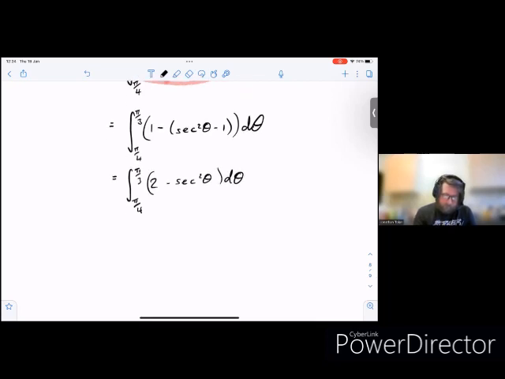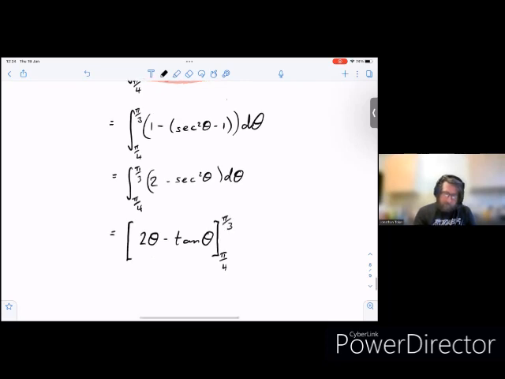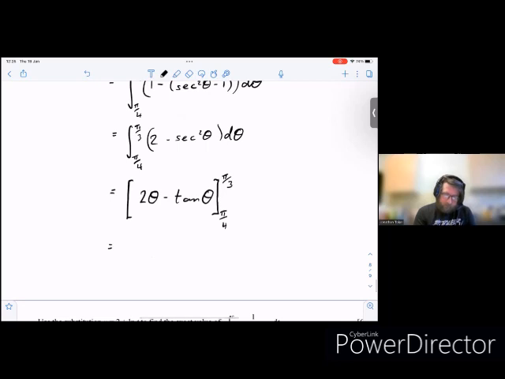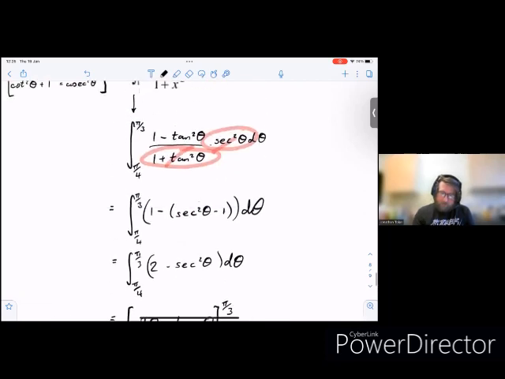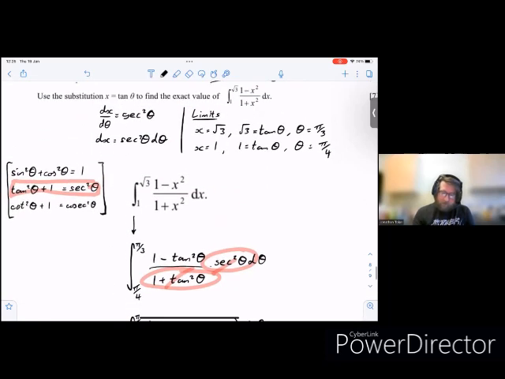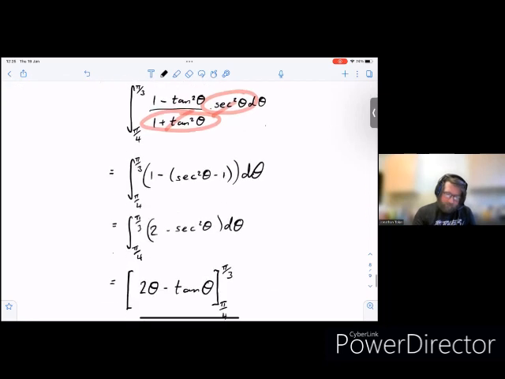So now we can integrate. 2 becomes 2 theta. Sec squared becomes tan. That is between pi over 4 and pi over 3. Sub in pi over 3, we get 2 pi over 3 minus tan of pi over 3, which I think we worked out before. If we couldn't quite remember, it's root 3.